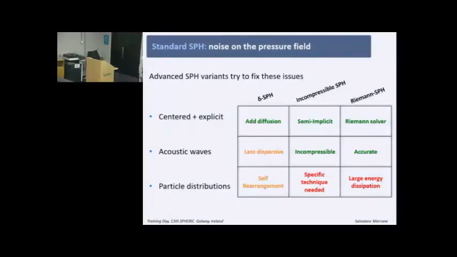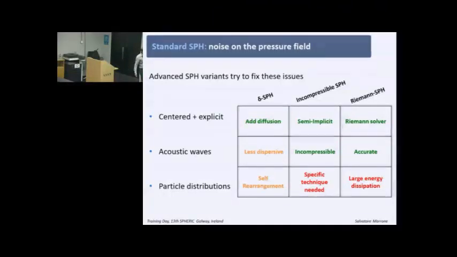As for the acoustic waves, the Delta-SPH results to be less dispersive, but not very accurate actually, but less dispersive than standard SPH. The incompressible SPH, being incompressible, has no problem with acoustic waves, and the Riemann SPH is very accurate in simulating the evolution of waves and of shocks, of course, because the Riemann solvers accurately calculate the shock propagation.